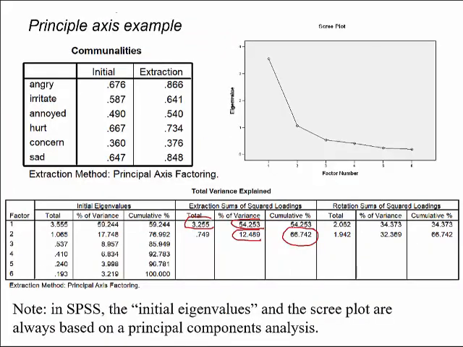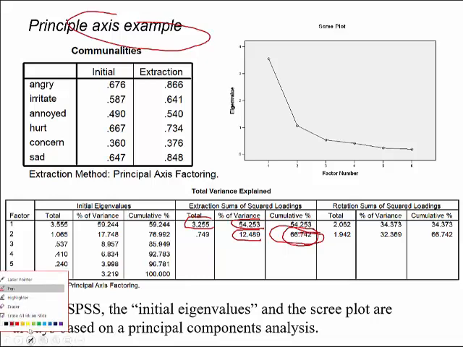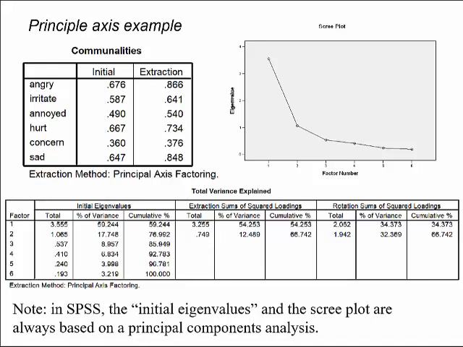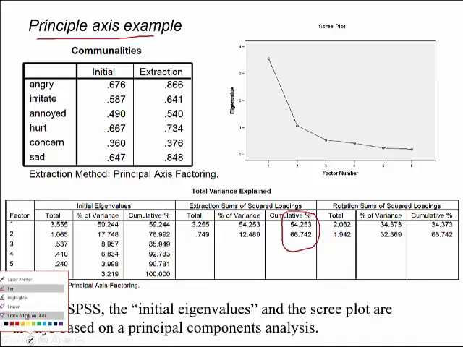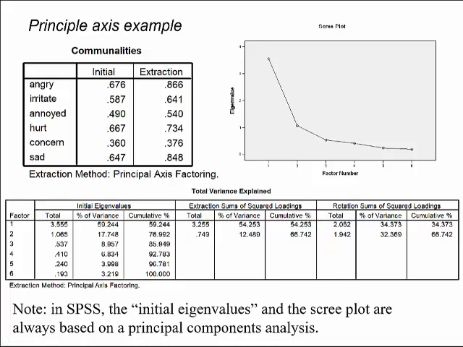And now we're doing principal axis factoring, and we're only explaining 66%. It's not a huge drop, but we're explaining a little bit less variance. That follows the same principle I talked about before: when we do principal axis factoring, or a type of factor analysis, our eigenvalues and our percent of variance explained are going to be a little bit less than if we do a principal components analysis.